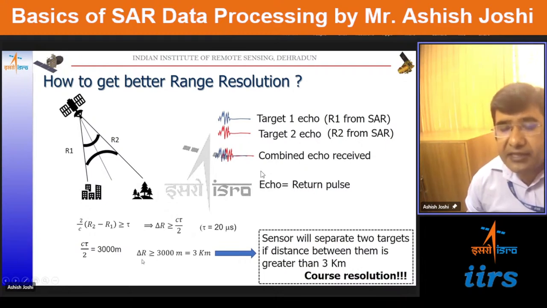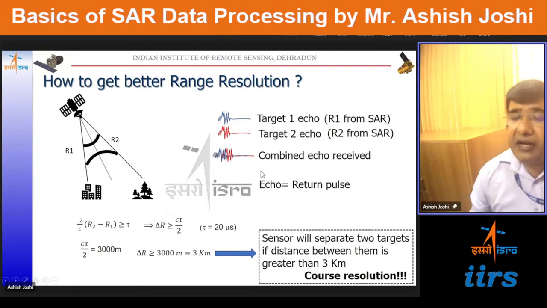So what separation is it requiring? It means it is able to distinguish the two targets separately if the distance between them is around 3000 meters, or 3 kilometers. So we can say the sensor will separate two targets if the distance between them is greater than 3 kilometers.